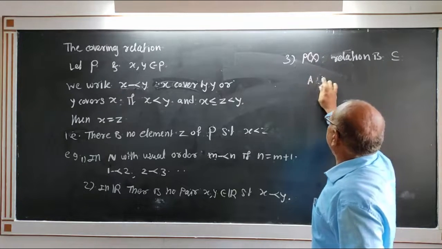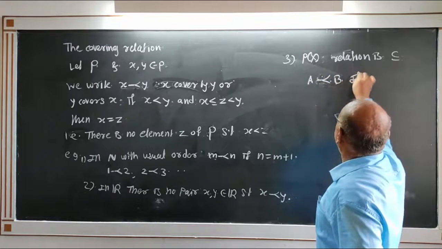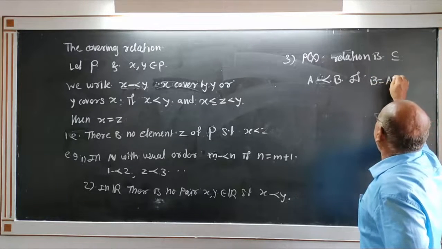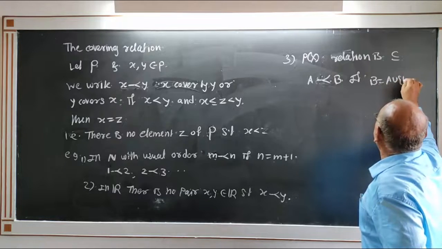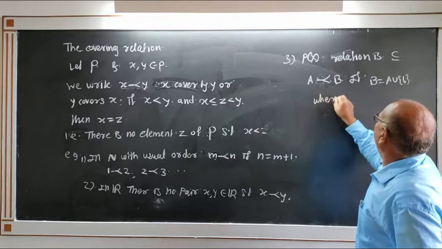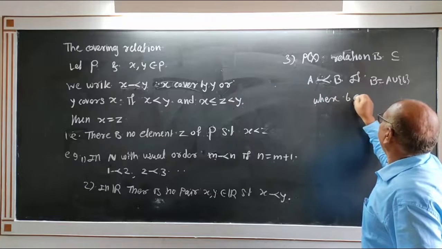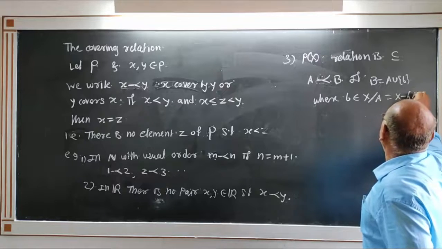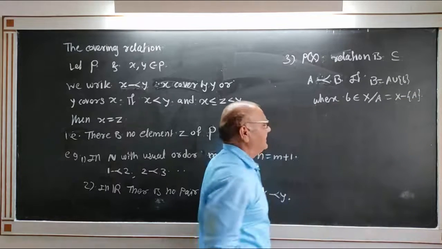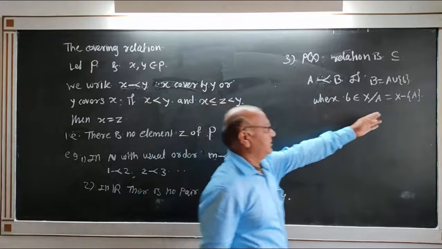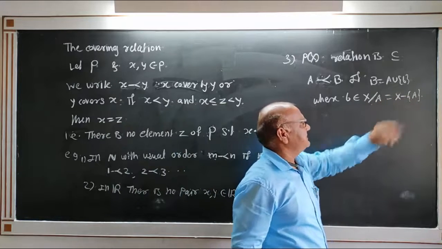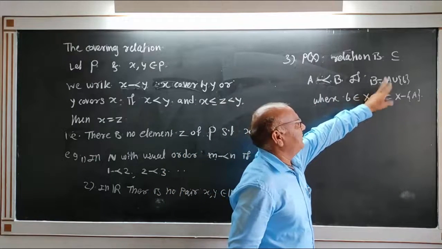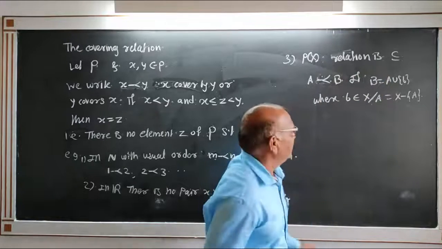Here A is covered by B if B is equal to A union a small b, where b belongs to X minus A. That means B has one additional element only, and the covering relation is like this.